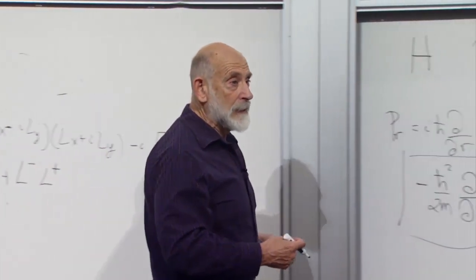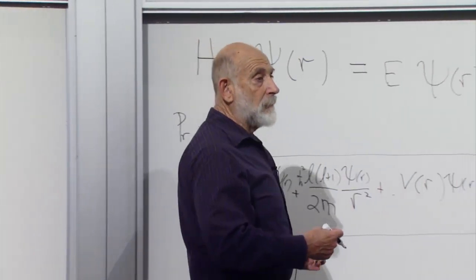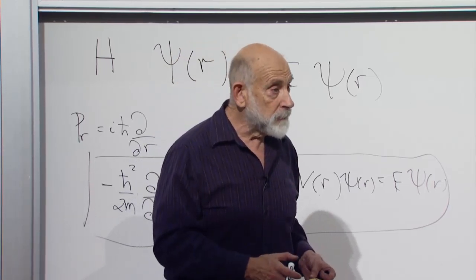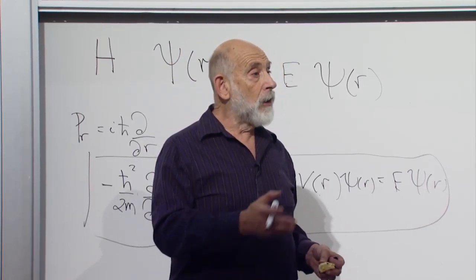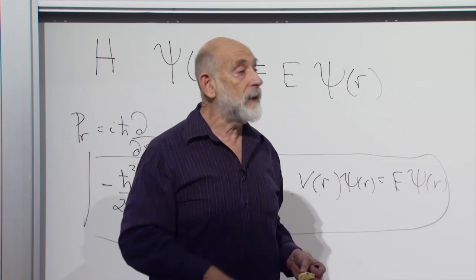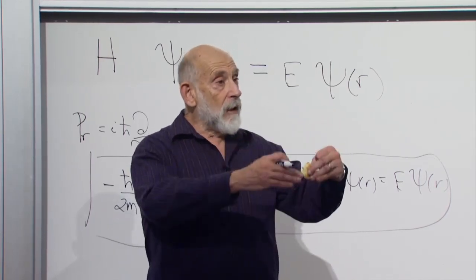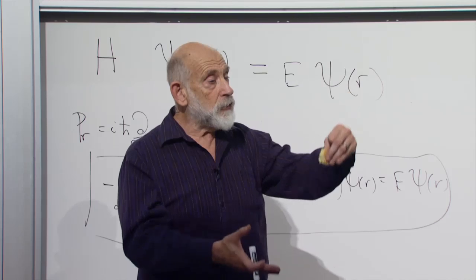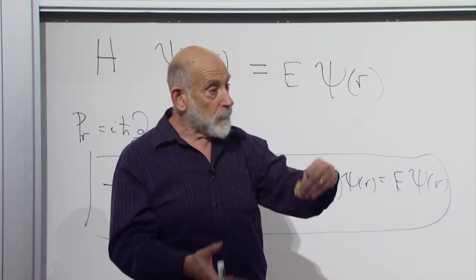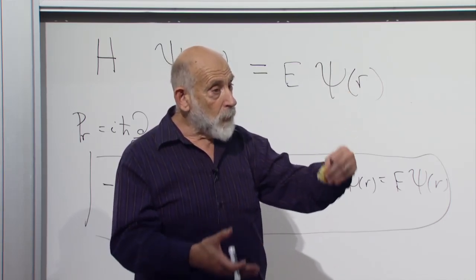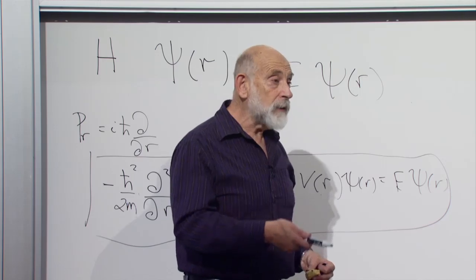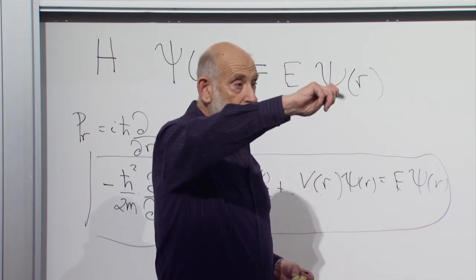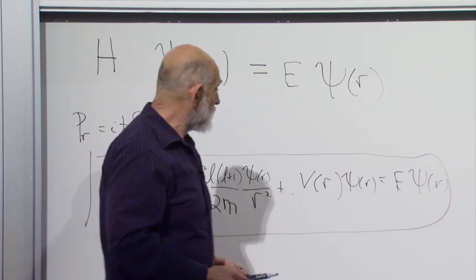What L is really is the maximum eigenvalue for that multiplet. There are wave functions of any angular momentum, but they come in these 2L plus 1 multiplets. The 2L plus 1 multiplets are the quantum mechanical analog of if you find a wave function and you rotate it around.